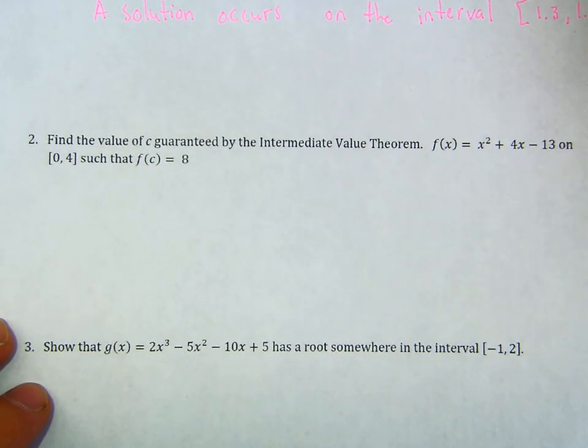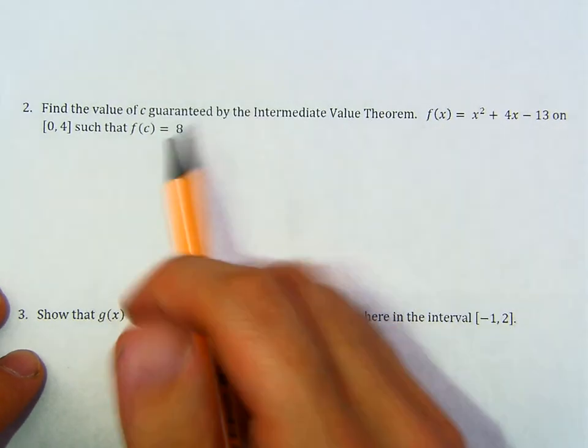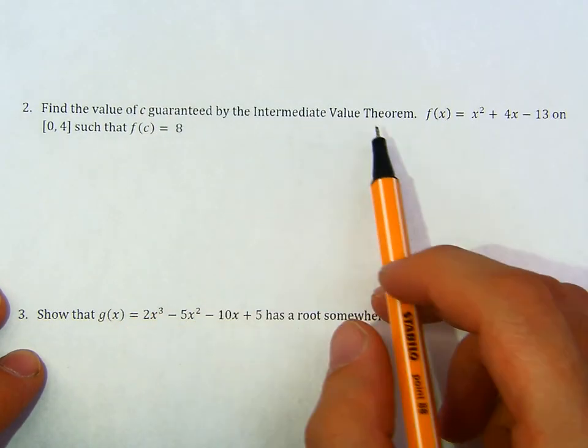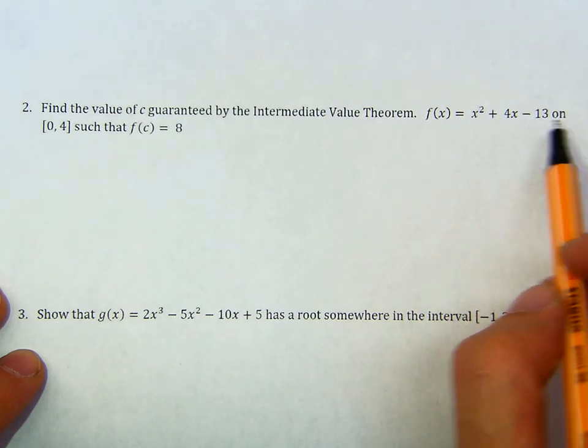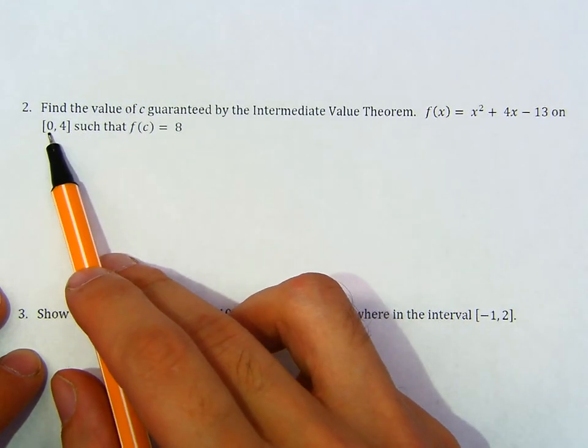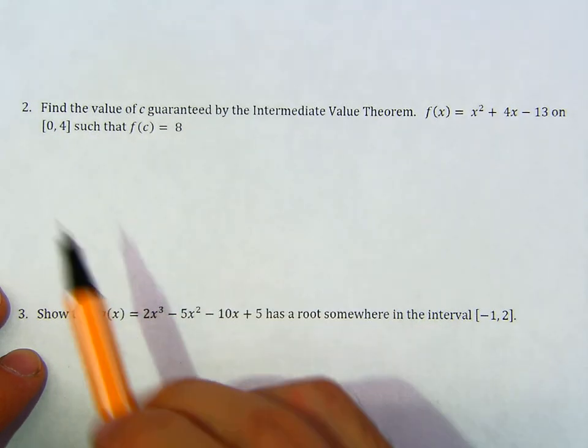So here, what is this question saying? It's saying find the value of c guaranteed by the intermediate value theorem of f of x equals x squared plus 4x minus 13 on the interval from 0 to 4 such that f of c equals 8.